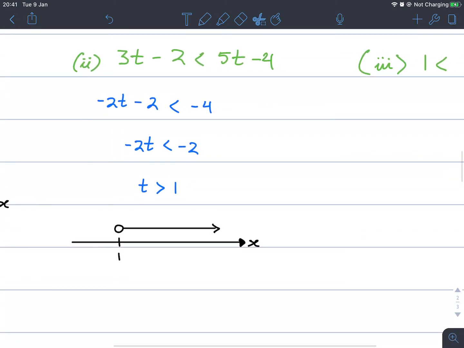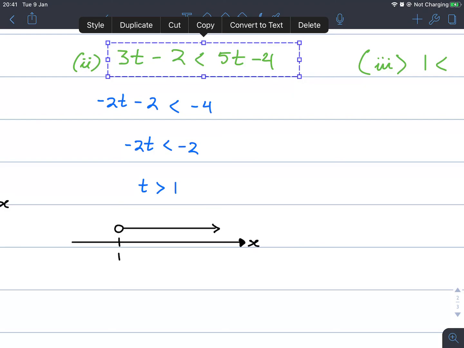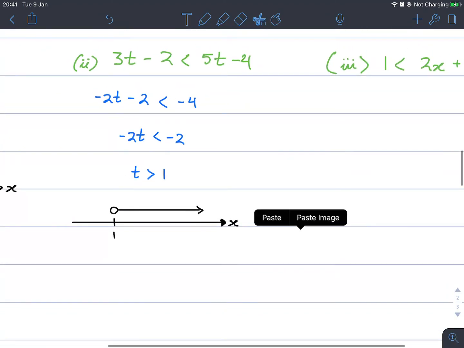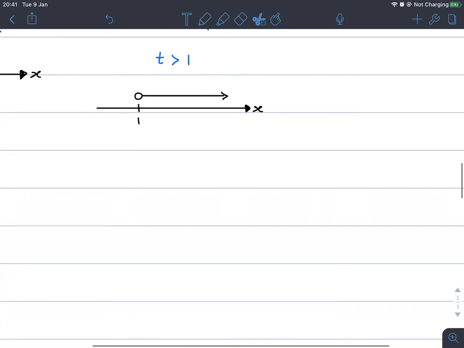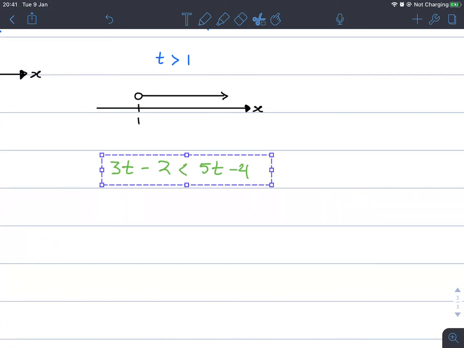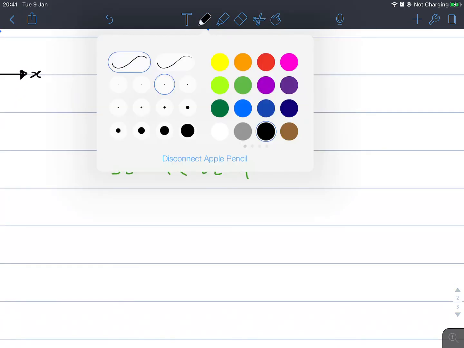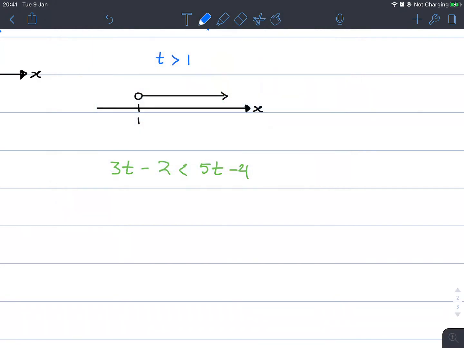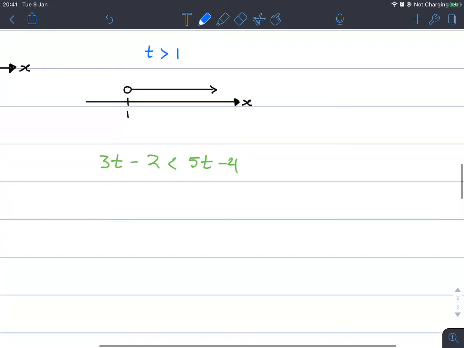Now I'm going to repeat this one just to show you how if we do it a different way, we don't need to worry too much about flipping the sign. So when I initially solved it, we subtracted 5t on both sides. In this case, I'm going to subtract by 3t to make sure that t remains positive.